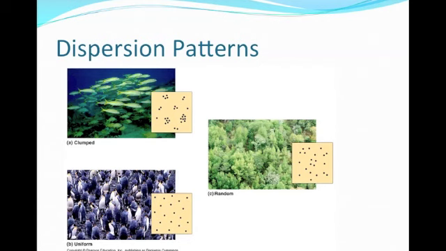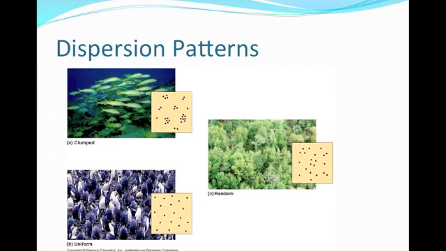The uniform is evenly distributed, and this is usually when you're solitary animals, or oftentimes birds have nests that are equidistant, so they have their own space. People also generally are in the uniform dispersion pattern. And then random are usually plants that have seeds that are scattered by wind because they just randomly fall someplace and grow, so there's no rhyme or reason.